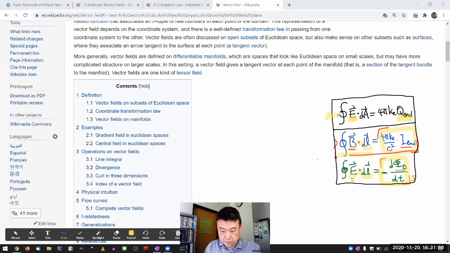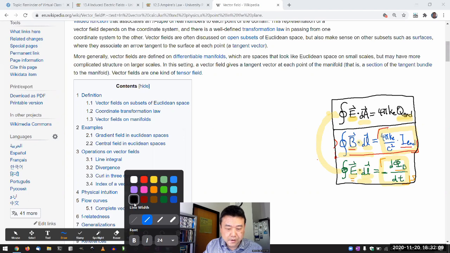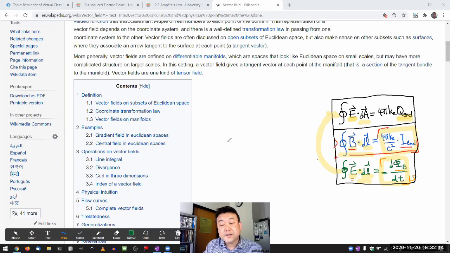Even though these two expressions look very similar, there is a distinction between them. Here, the integral is the one-dimensional integral around a closed loop. Here, it's a two-dimensional integral over a closed surface. That distinction becomes more manifest if you look at the differential form.